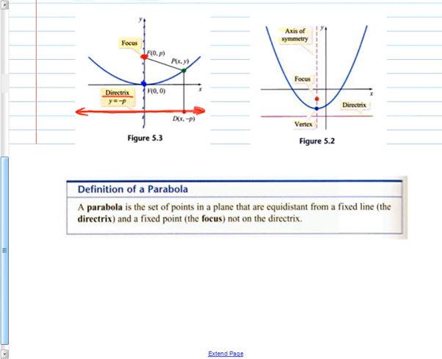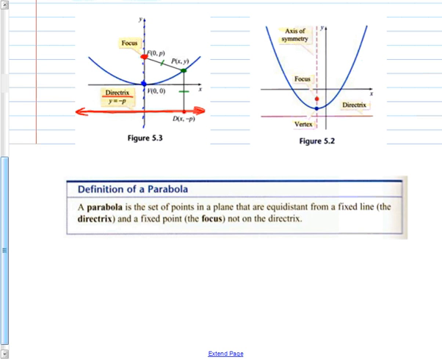So let me pick this point, which happens to be on the parabola. If I measure the distance from that point to the focus and from that point to the directrix, it's the same length. And if I take any point on the parabola and measure those distances, it is the same length. So if you start with a point and a line, and then you make all the points that are equidistant from those two things, you get a parabola. That's the shape that happens.